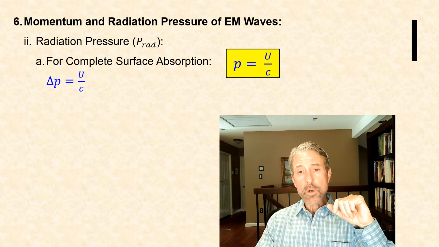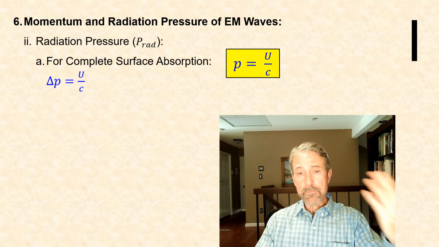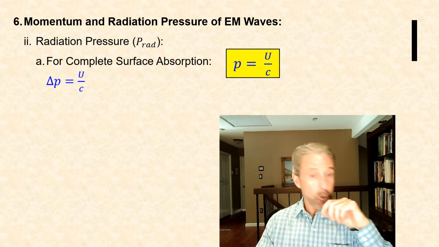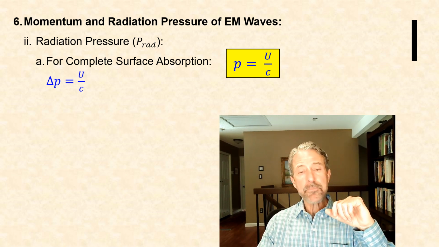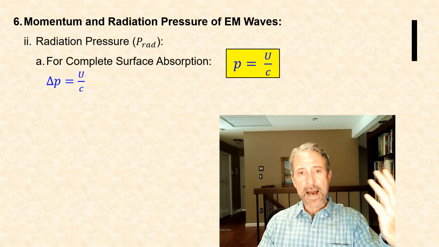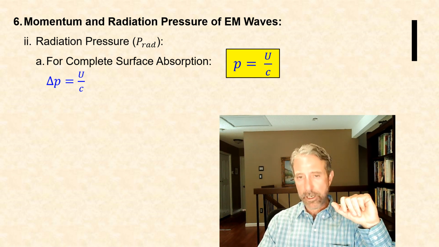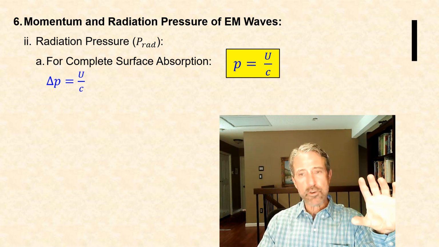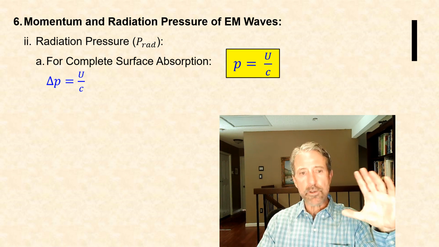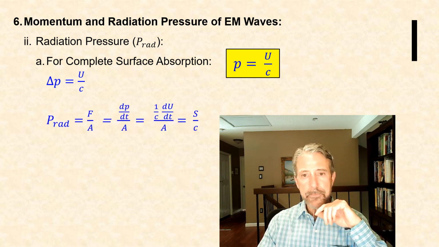So when we want to take a look at radiation pressure, this new quantity we're talking about, we're going to think back to the unit on fluid mechanics where we talked about pressure. We define pressure as this ratio of force per unit area.